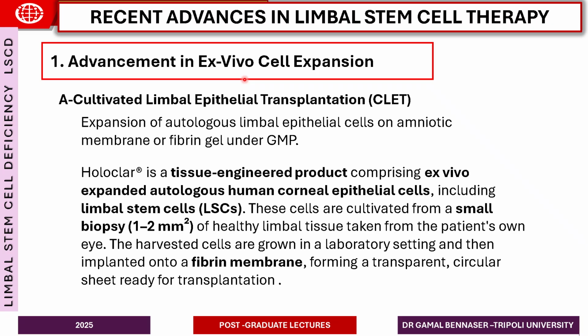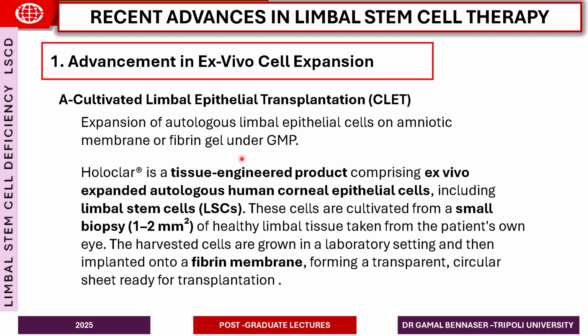Of course, it is not as simple as this, but it goes through a very strict process of sterilization and supervision. The implant is grown initially in a fibrin gel and amniotic membrane under good manufacturing conditions, and then transplanted back to the recipient eye.